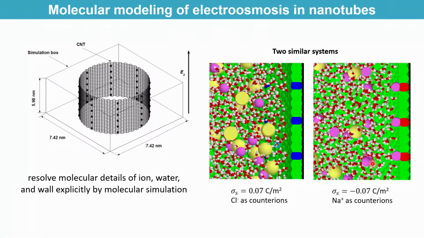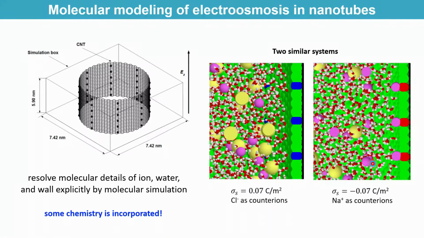Now if you ask the continuum theory to predict what is going to happen, it will tell you that if you use opposite electric fields, one pointing down and one pointing up, then the flows generated in these two systems are going to be identical, because the surface charge is opposite and the ions are both single valence ions. So is this what we are going to see in the MD simulation?